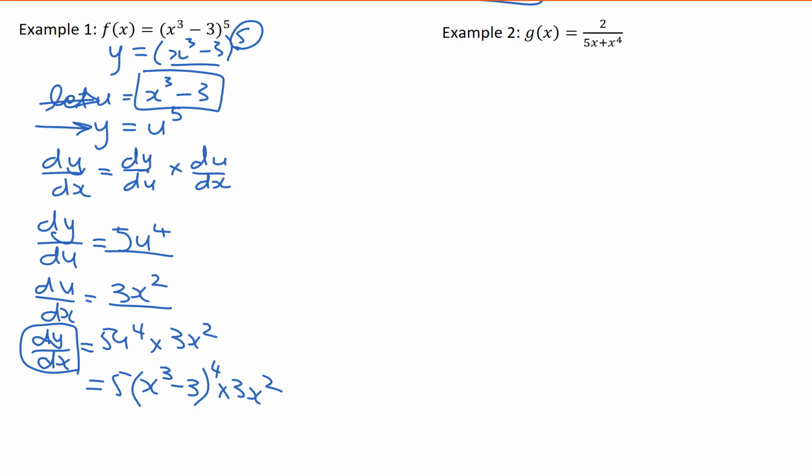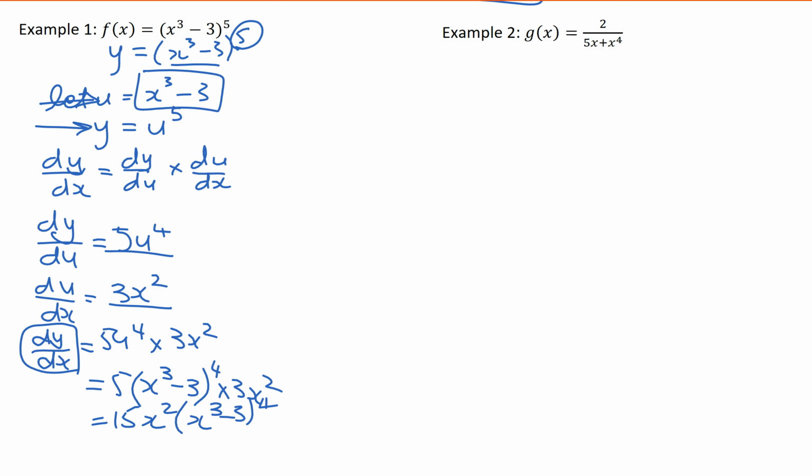There's my answer. Would you simplify that? 15x squared, x cubed minus 3 to the power of 4 is my simplified answer. That's probably the better answer.